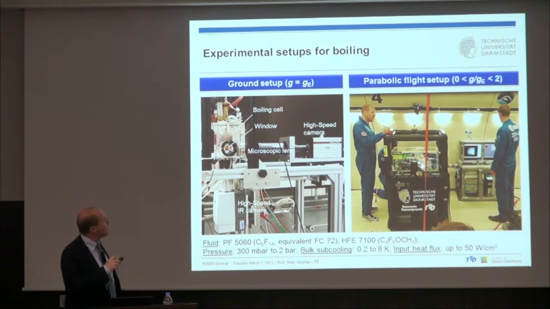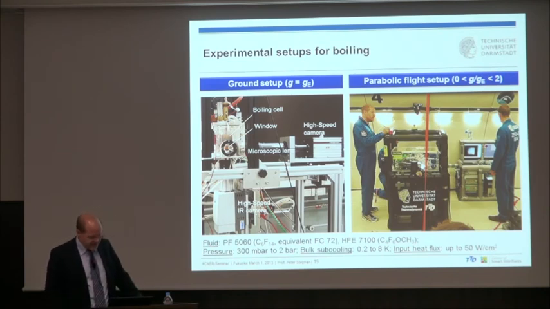So here we have, of course, this 9.81 G of Earth, and here we can vary the gravitational forces. And this is typically the fluids that we use in this process parameter range.